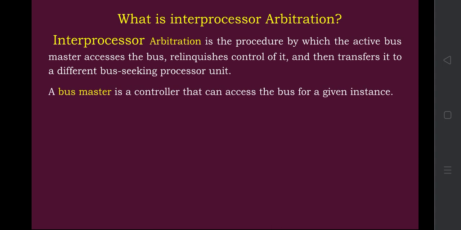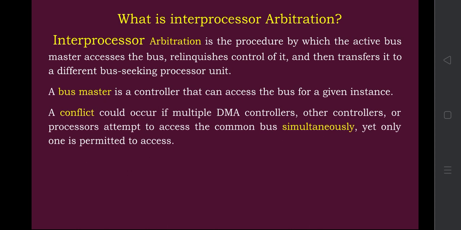And there is a bus master. It is a controller that can access the bus for a given instance. That means for a particular period of time the bus control is given to one of the processors, which is called the bus master, that controls the access of the bus. What is the conflict? When multiple DMA controllers, other controllers and other processors attempt to access the common bus simultaneously, only one is permitted to access.